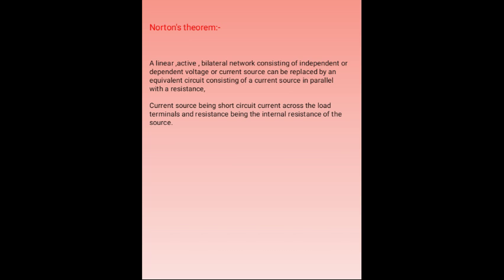Dependent sources are those sources whose value depends on the branch parameter of the network, and independent sources are those sources whose value is independent of other parameters of the branch or network.